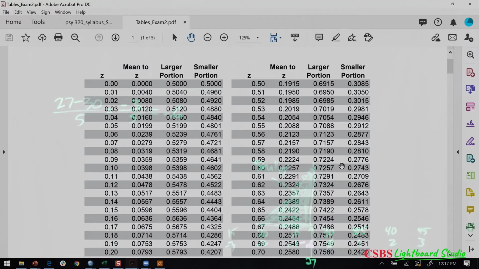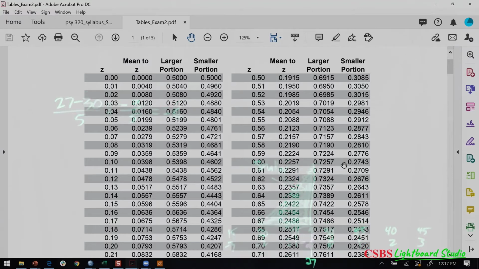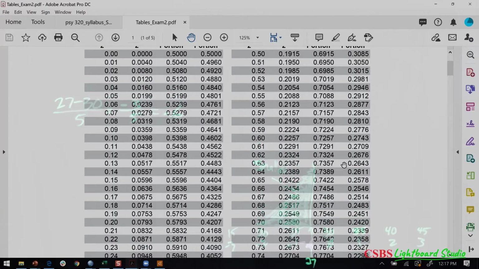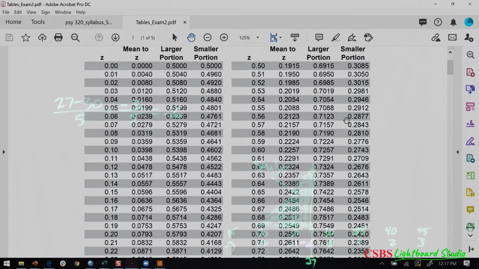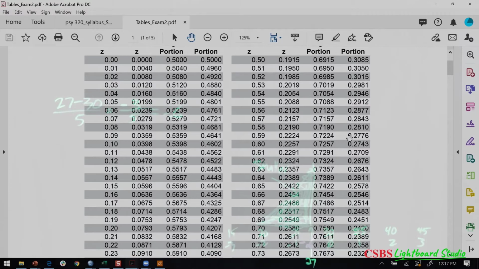Because of the way I drew this out, I know that what I want is the smaller portion, this last column here. So for 0.6, the smaller portion is 0.2743. So the area I'm looking for is 0.2743.